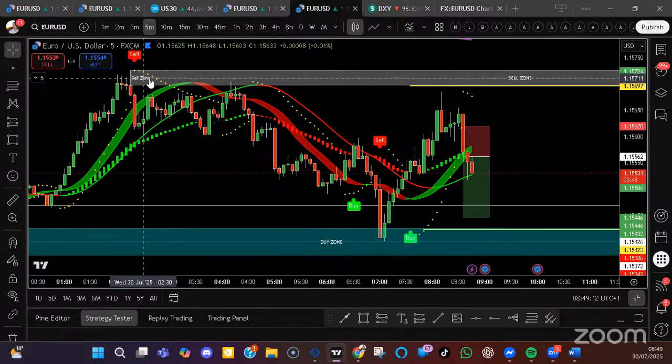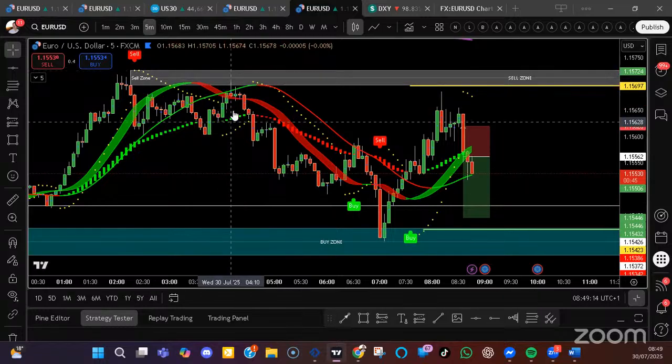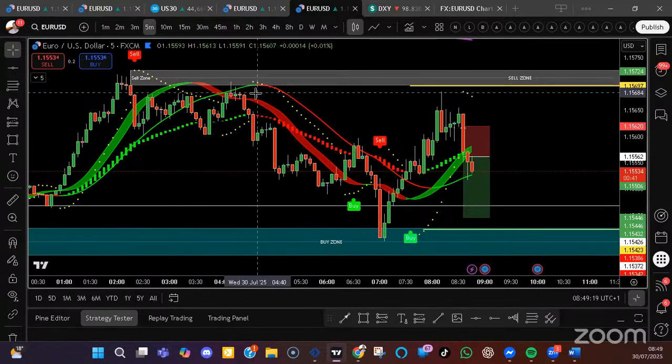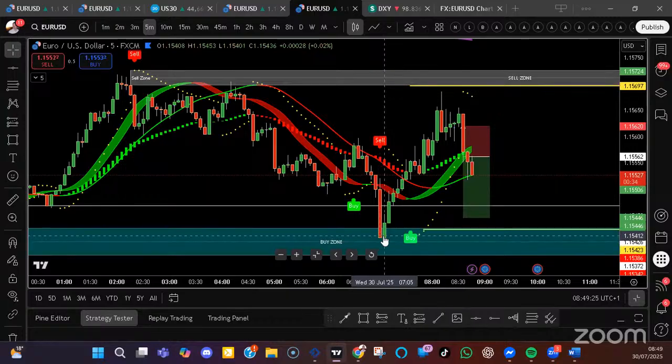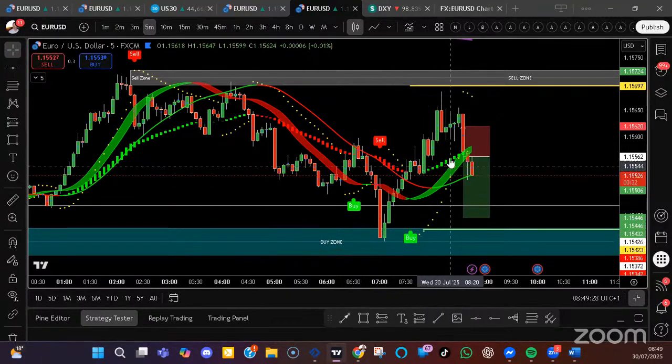On the 5 minute, once price gets into the sell zone, in this case here, we know to take the next sell on the 1 minute, down she goes, and consequently we know to take the next buy here, and up she goes.